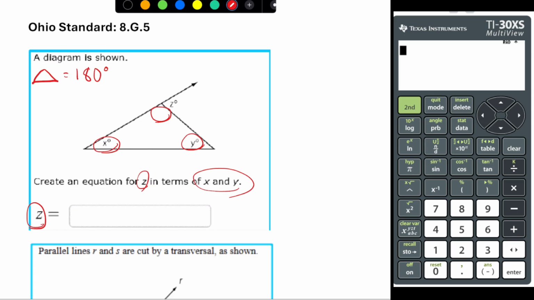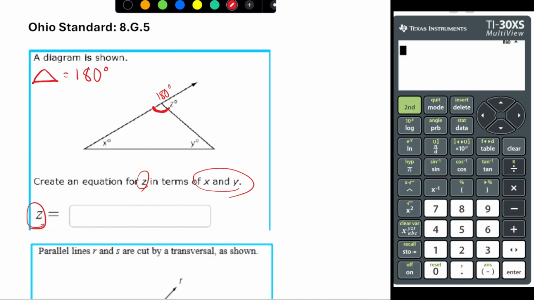What else do we know? We know that right here is a straight angle. A straight angle adds up to 180 degrees. So this is also 180 degrees. So now we have to look at what's in common. This angle that we don't even have a letter for is in common.